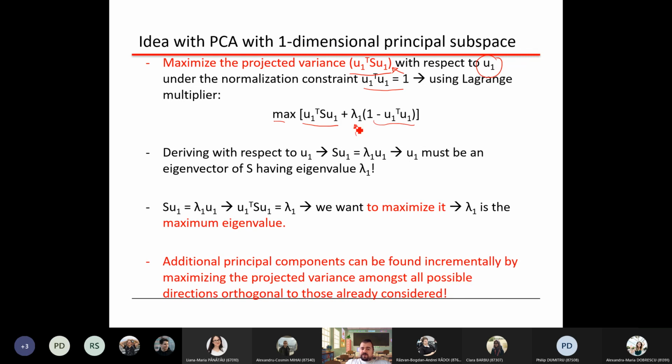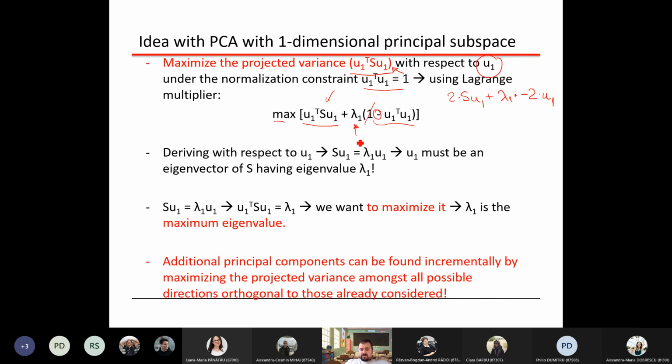So if we want to find the maximum, you have to derive it and set the derivative to 0. And when we derive this, it will come 2 multiplied by S u1 plus lambda 1. This is constant, so it disappears, and this is u1 squared. So again, you have this minus from here multiplied by 2 u1.